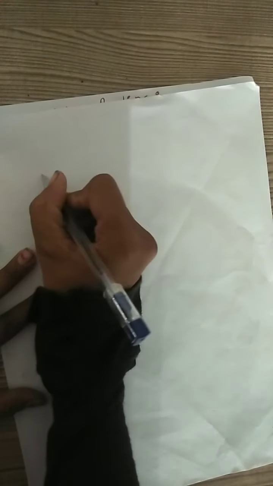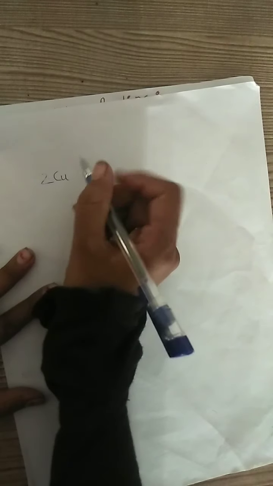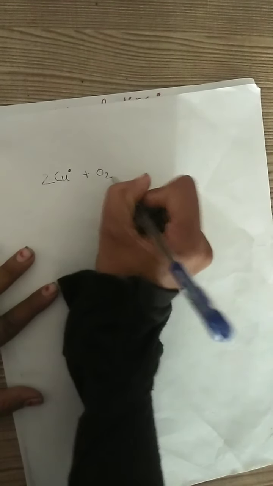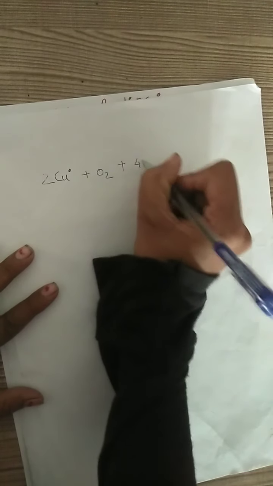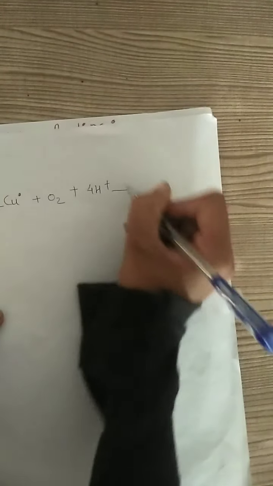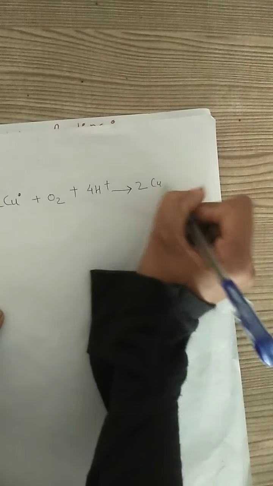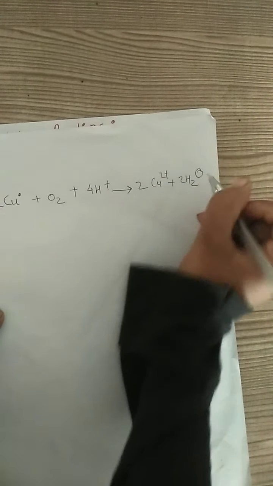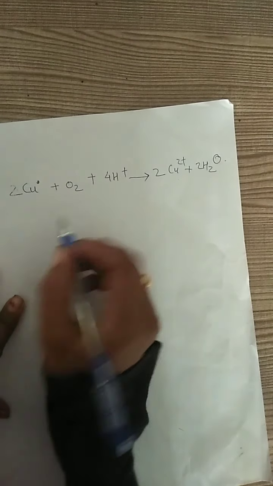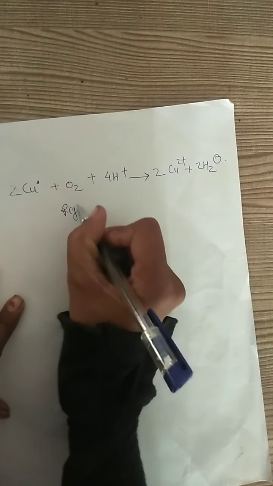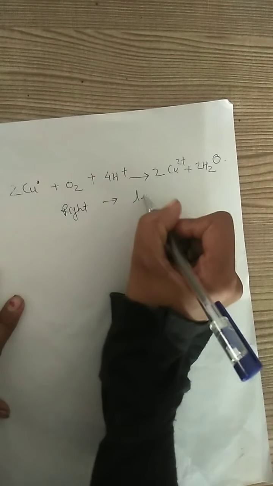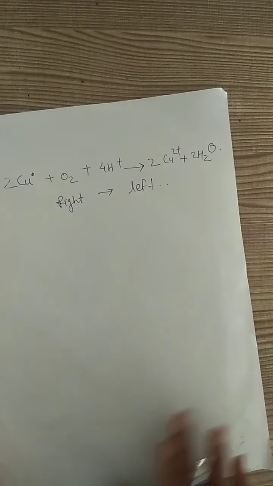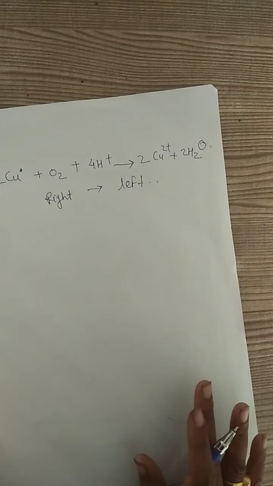For that purpose we consider two atoms of copper in zero oxidation state plus oxygen plus 4 hydrogen ions gives twice copper in +2 state plus twice water molecule. The reaction is proceeding from right to left. So this is all about the electrode reaction.